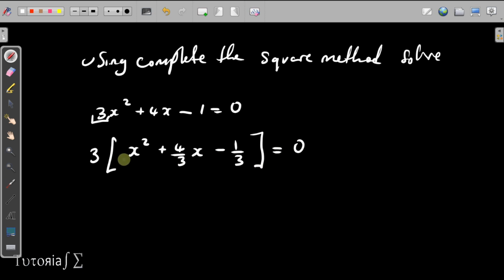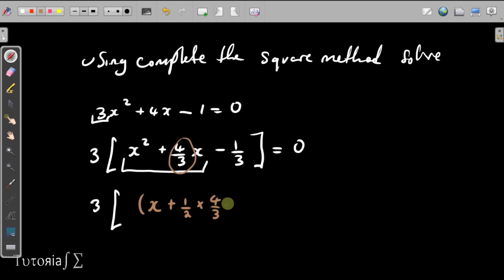Then we know that this will change. That will be 3 open brackets, so this will change to x. There is a plus there, so we put a plus. If there was a minus, we would have put a minus. So plus, then we say half, 1 over 2, times the coefficient of x, which is this, so times 4 over 3.